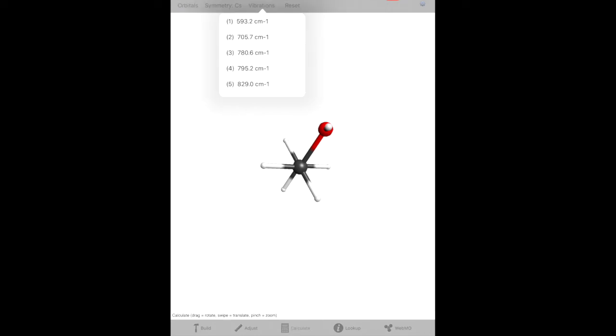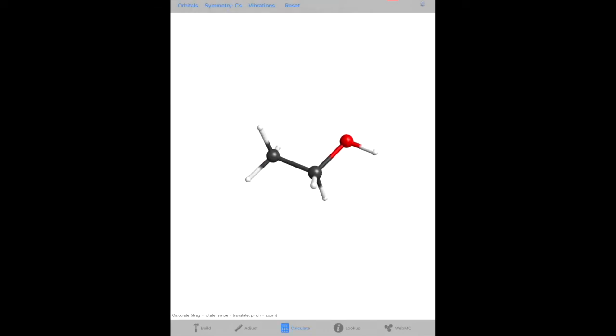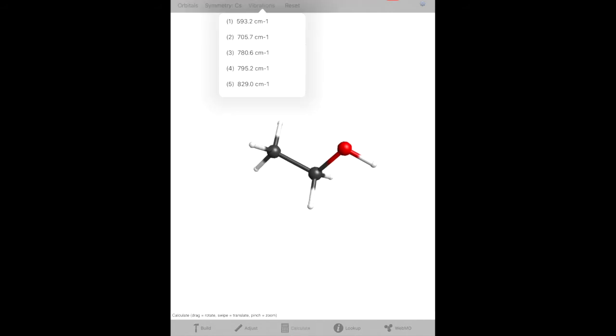And so when I do that, a bunch of things come up, right? These are all inverse centimeters, and they range from 593 all the way up to 2926. And so these are going to be specific to ethanol, as they are going to be different for other molecules. But let's go ahead and click, I like the 1114.